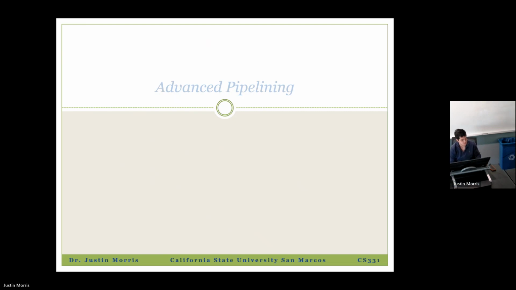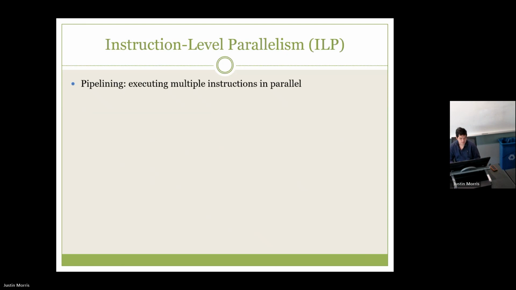All right. So just as a preview for your presentations, I'm going to talk a little bit about some of the topics. In computer architecture, we like to take advantage of instruction level parallelism. So it is something that we are doing in pipelining. We are executing multiple instructions at the same time, right?